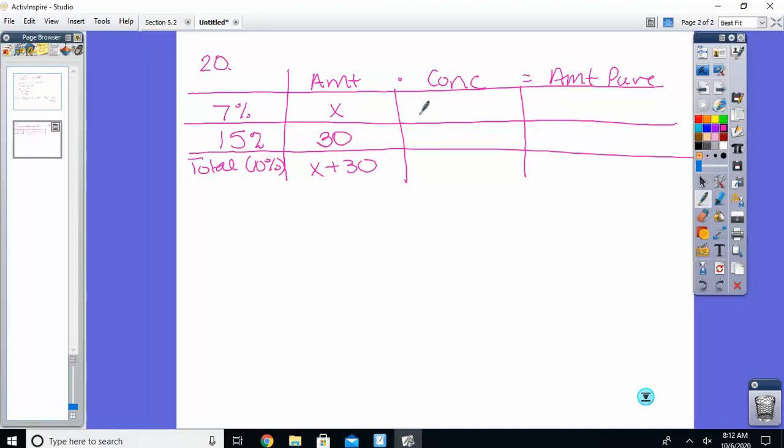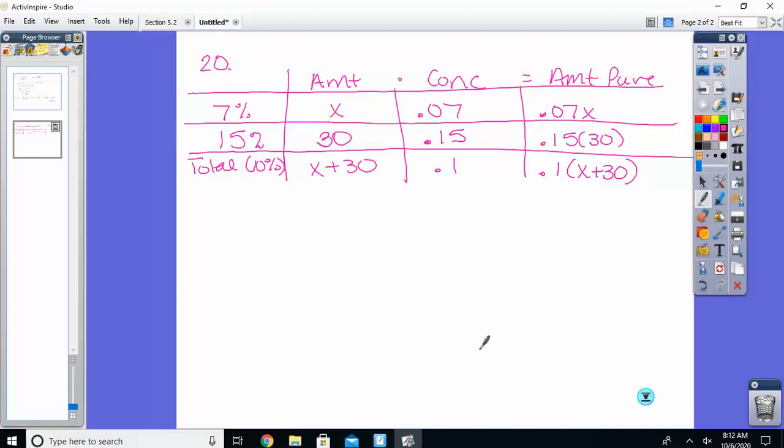So concentration, 7%, 15%, 10%. So then we multiply. So we get 0.07x and 0.15 times 30, and you can go ahead and multiply that. I'm just writing it out so you can see exactly what I'm doing.